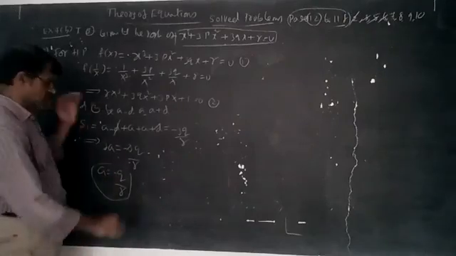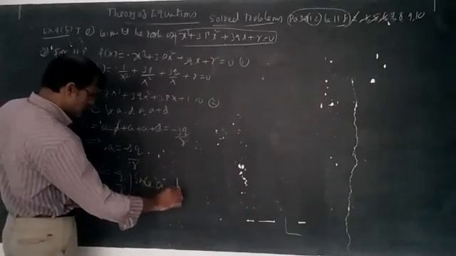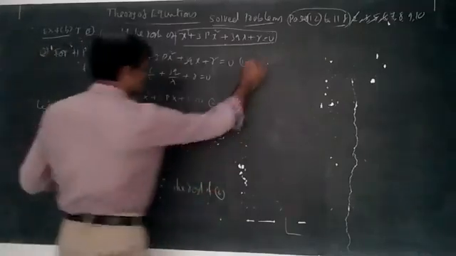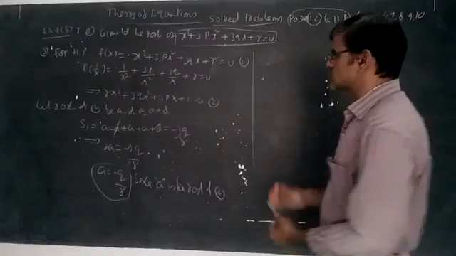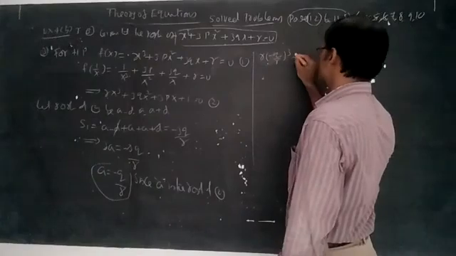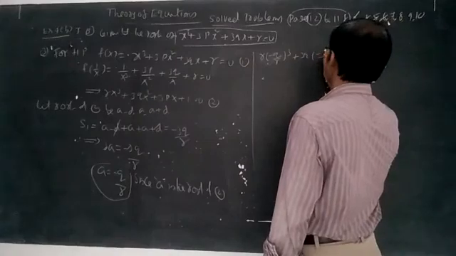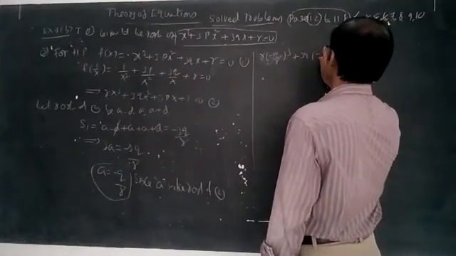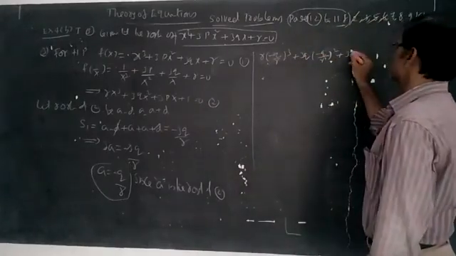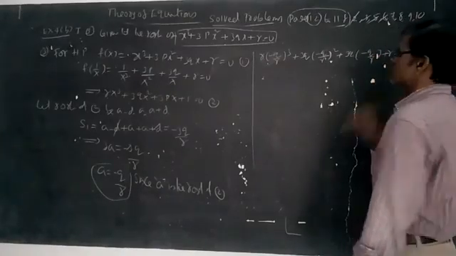Since a is a root of the second equation, you can substitute a, that means minus q by r. So r into minus q by r whole cube plus 3q into minus q by r whole square plus 3p into minus q by r plus 1 equal to 0.